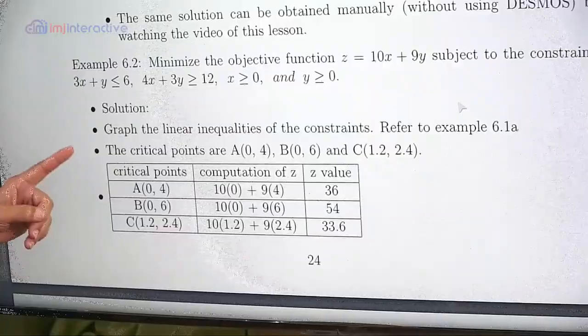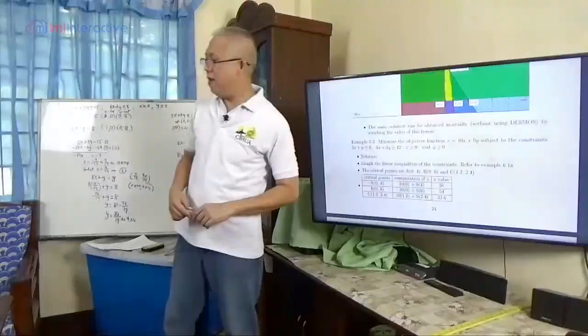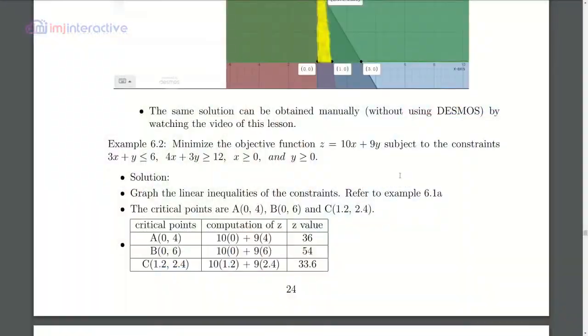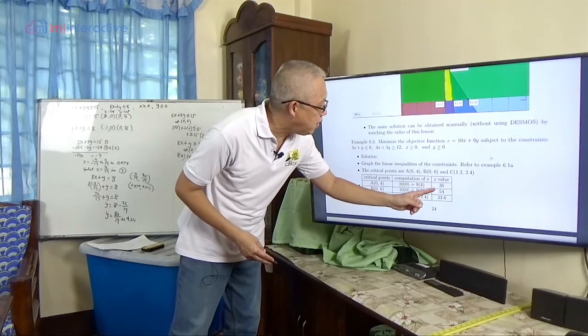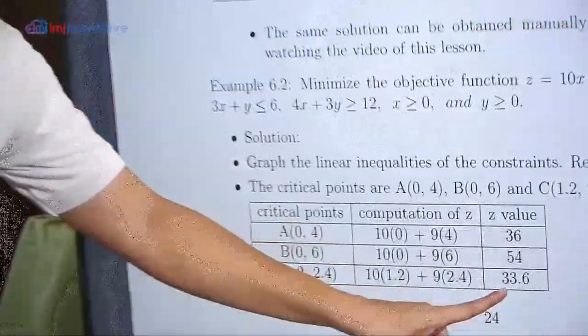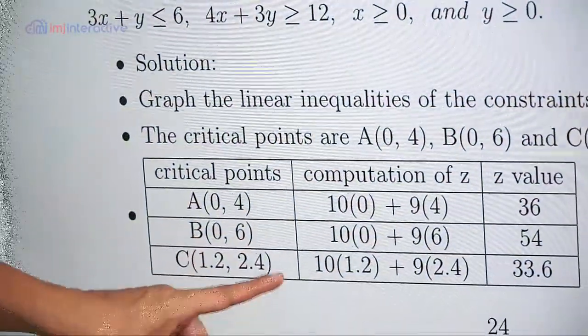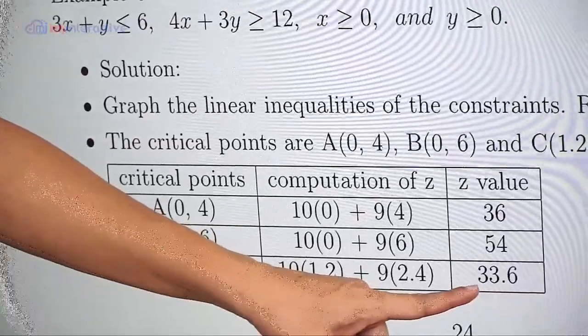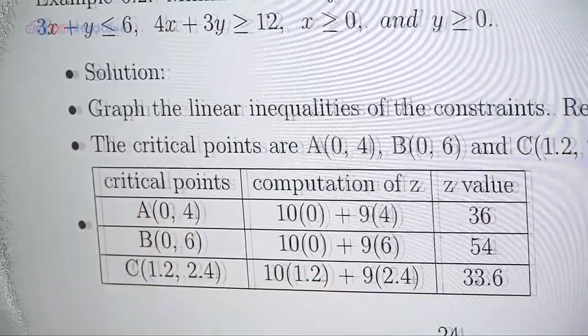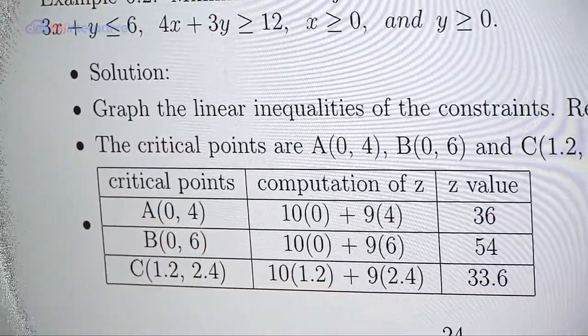Since you are asked to minimize, according to step number 4, for a minimization problem, you have to choose the lowest value. So the lowest value of z here is 33.6. So these are the values of x and y that will give you the lowest value of z. So what is now the conclusion here?